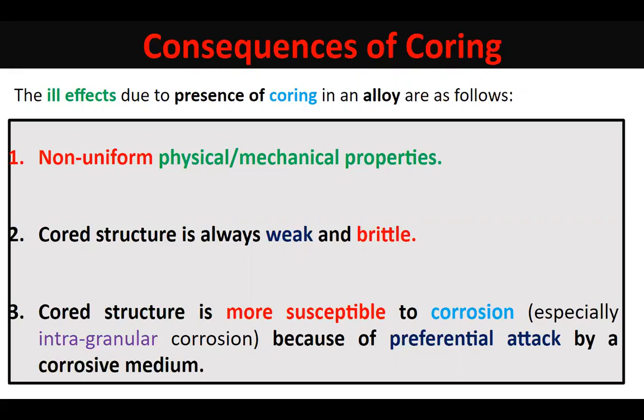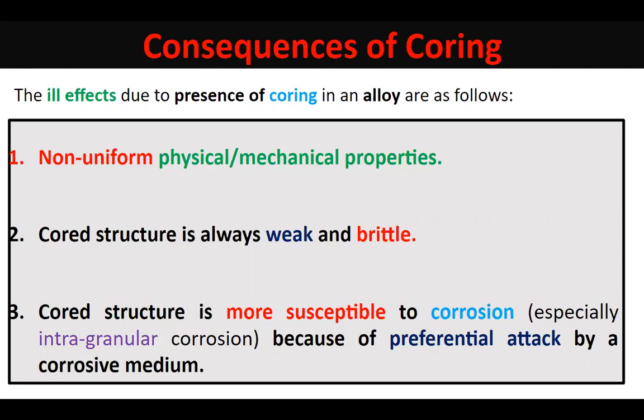You see, if the system is suffering from this defect called coring, the alloy system that has been obtained at room temperature is not having uniform chemical composition throughout the microstructure, throughout the material. As we have repeatedly said in the earlier two sessions, the core of the grains would be rich in one type of element, and the regions close to the grain boundaries would be rich in the other constituents.